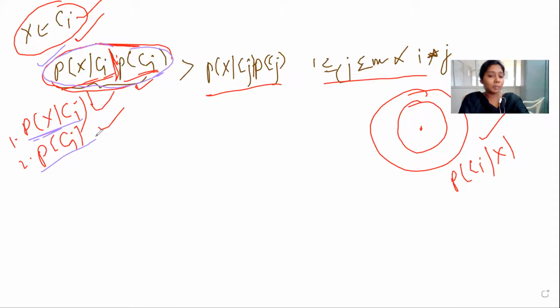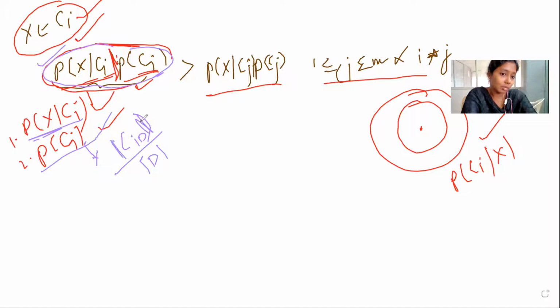P of Ci means the probability of a particular class. We have calculated this many number of times. It can be obtained like this. What is this? This is mod Ci,D by mod D. That is a value equivalent to this probability.